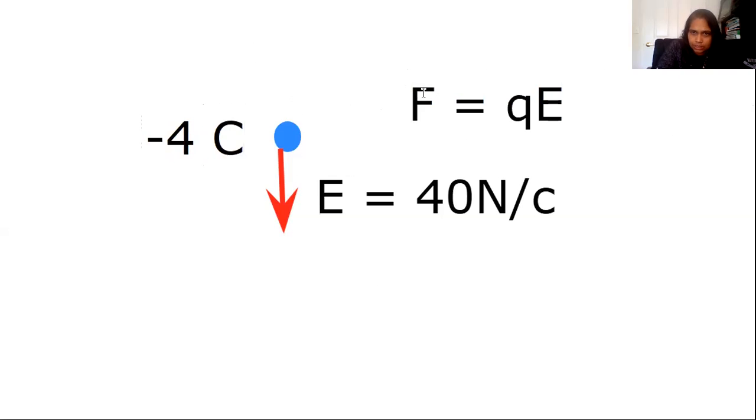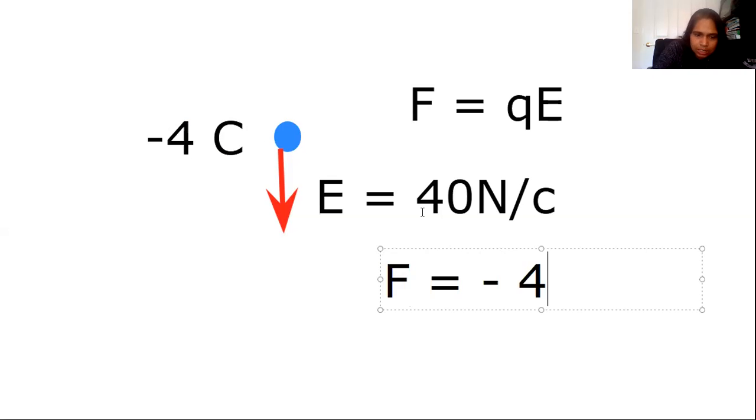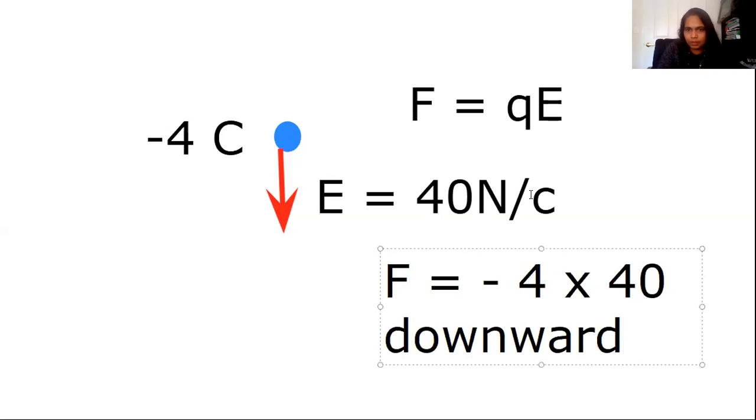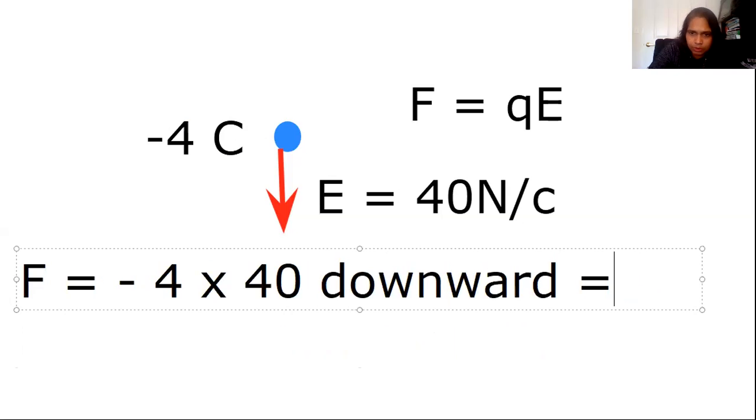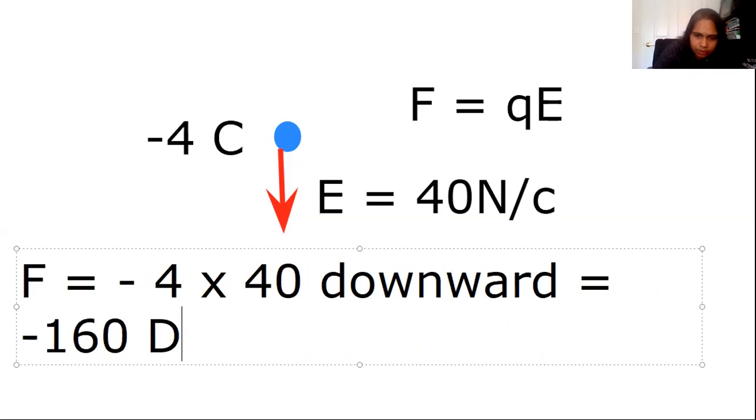F direction is the same as the E direction. So F equals minus 4 times 40 Newton per Coulomb downward. So this is equal to minus 160 downward.